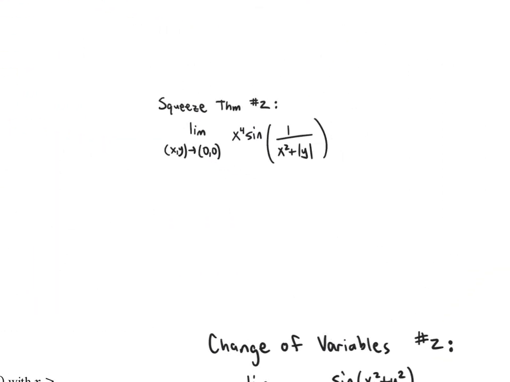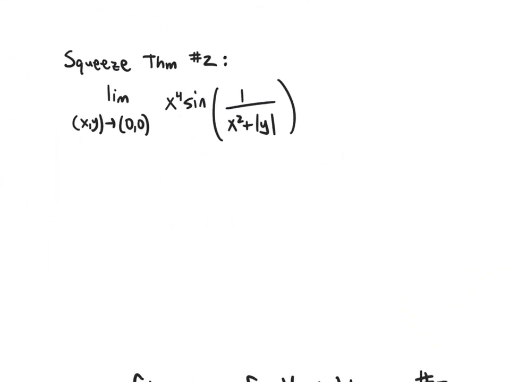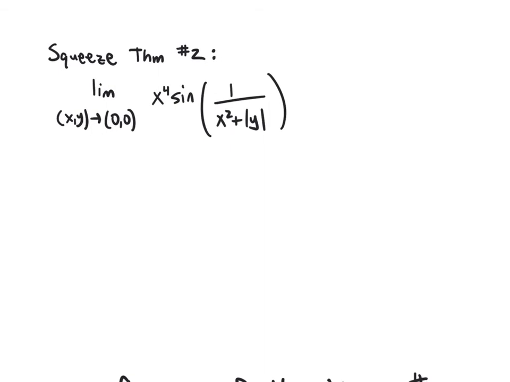All right, so here is our first one, and we can see that the problem is a little bit ugly here. We're working on trying to figure out what thing we can squeeze, and we can squeeze different parts of it, but we're going to focus on the sine of this ugly bit. We know that sine is between -1 and 1, no matter what the input is.